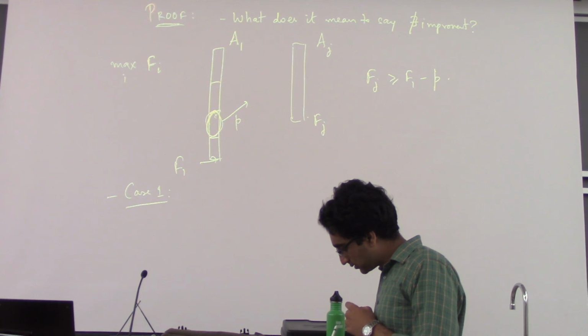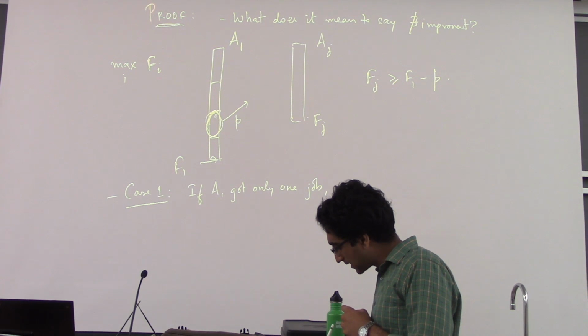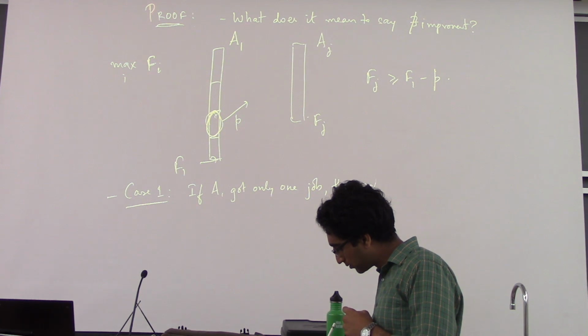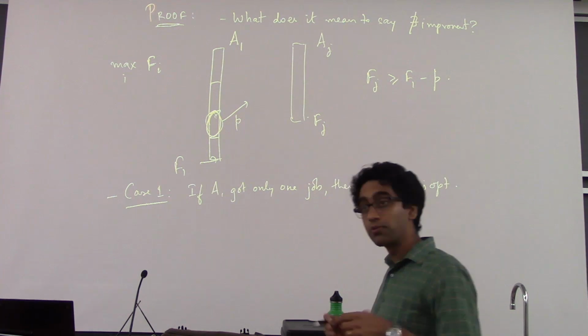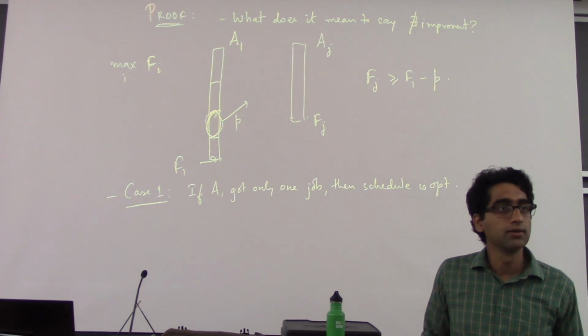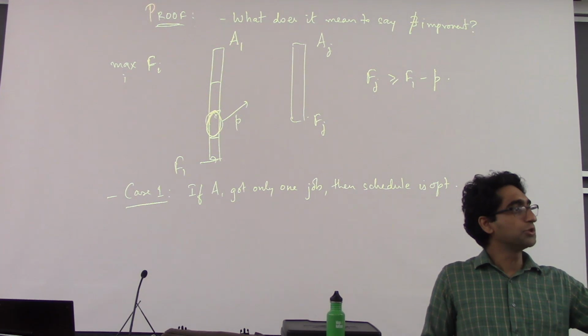Case 1: if A1 got only one job, then the schedule that you produce is optimal. So it must have at least two jobs.